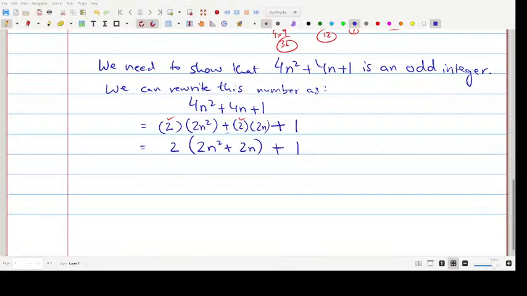I think now you can see that it is 2 multiplied by something plus 1, right? So what we can say is, let k be equal to 2n squared plus 2.